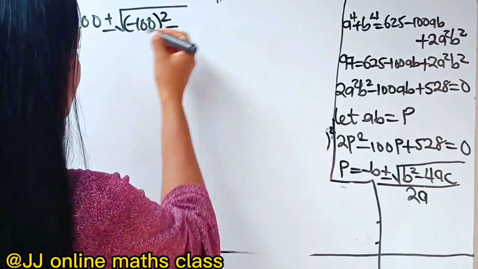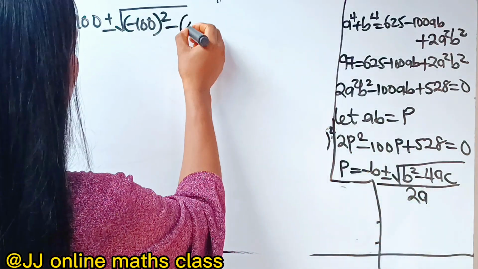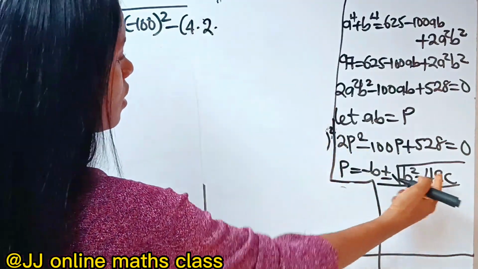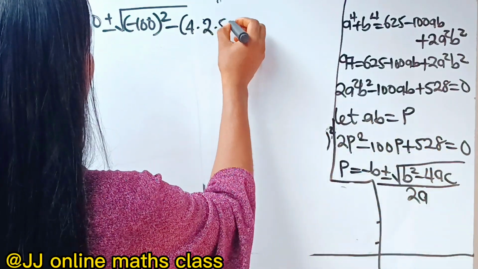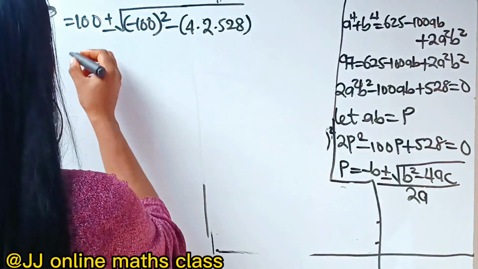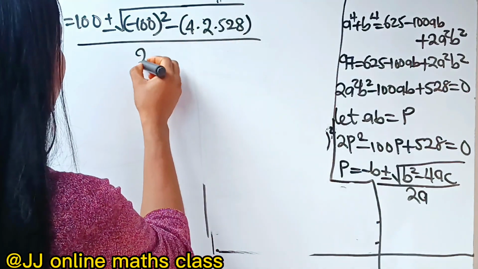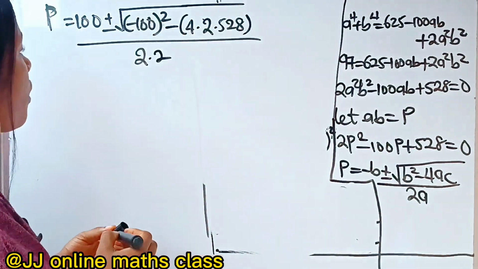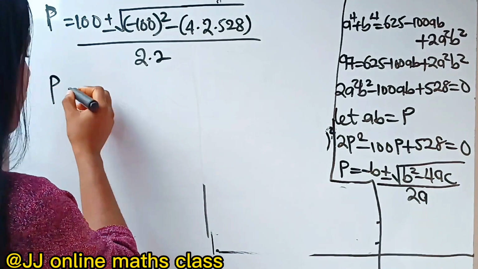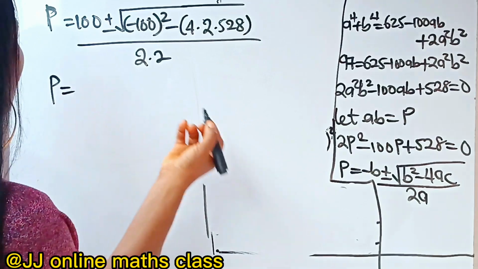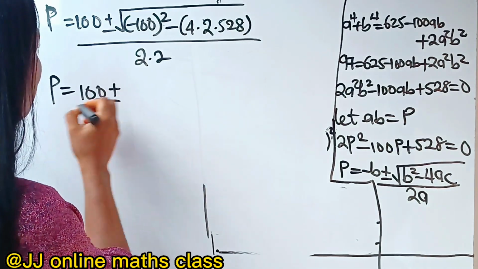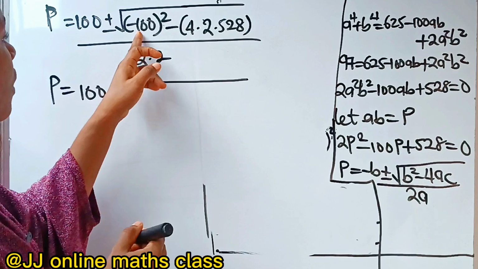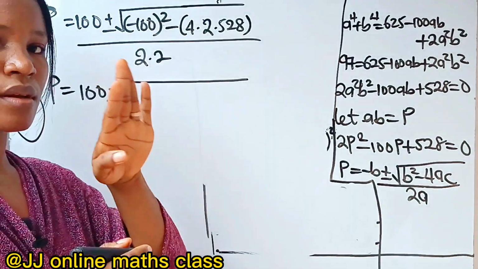Then minus 4 times A, our A is 2, times C, our C is 528. Now everything divided by 2 times our A, which is 2. So we'll have that P is equal to 100 plus or minus square root of, now minus 100 squared, minus squared is plus.